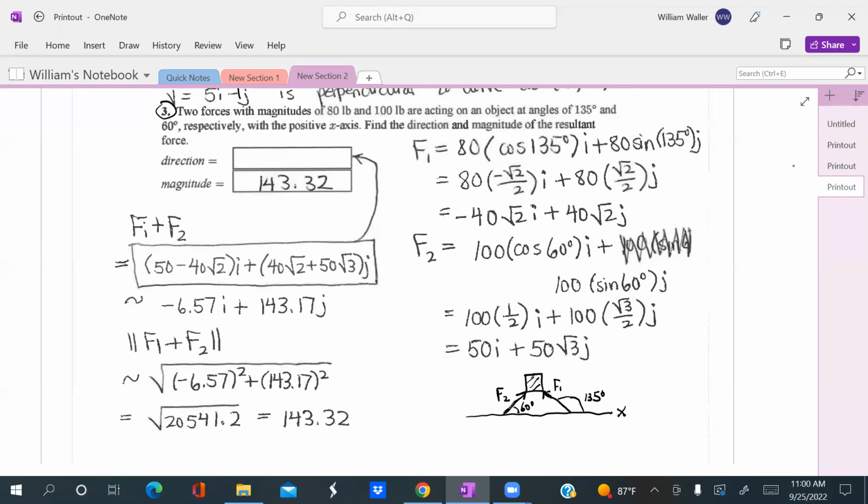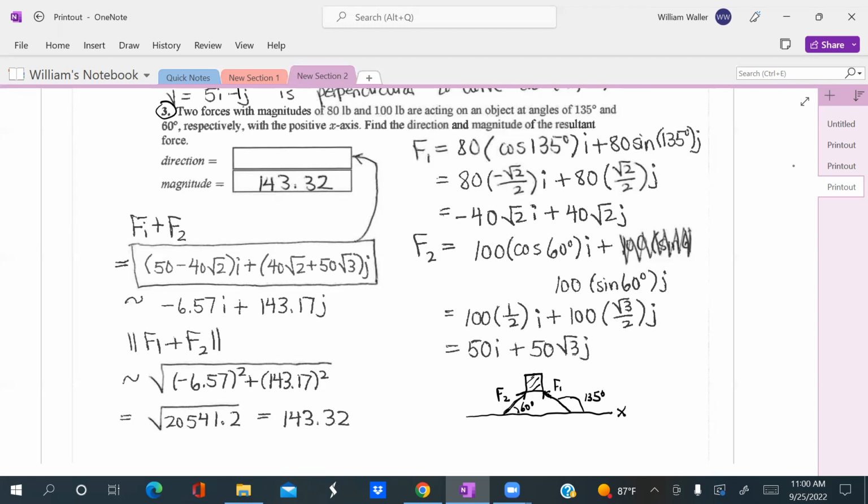And then the resultant force, so that's the total force on the object, you get just by adding the two force vectors together. So just take F1 plus F2, which means you just add the i coefficients. So that's minus 40 times the square root of 2 plus 50 times i.